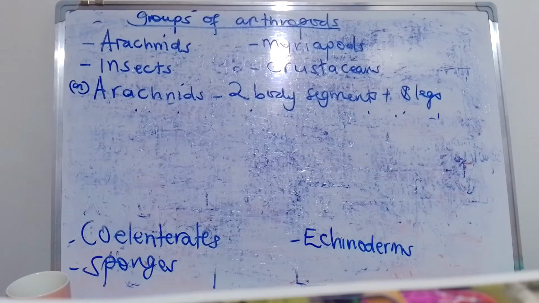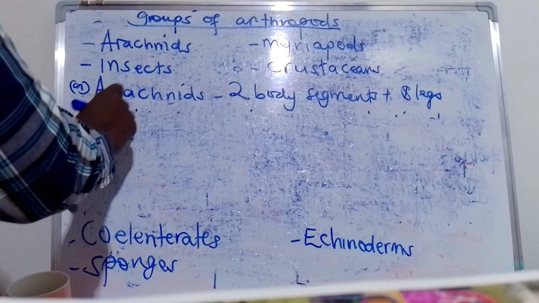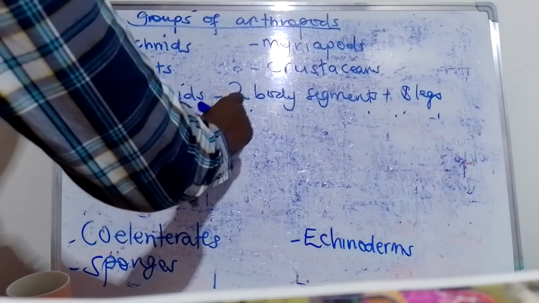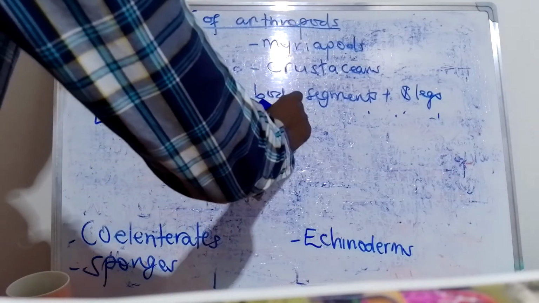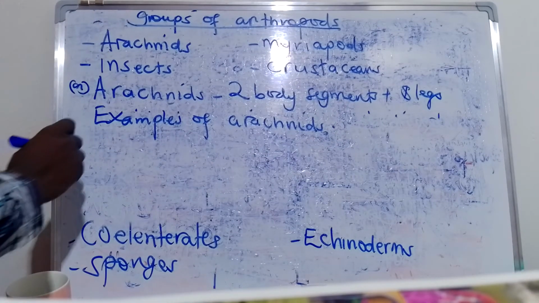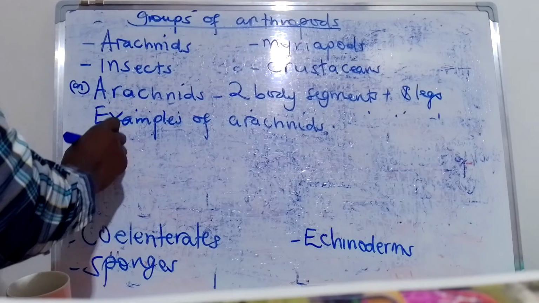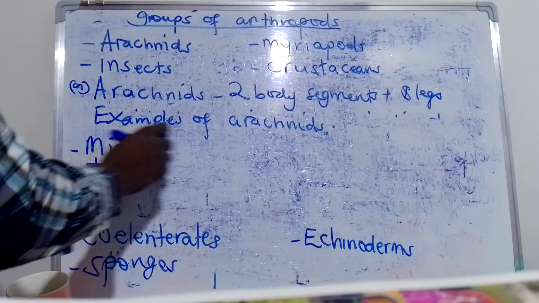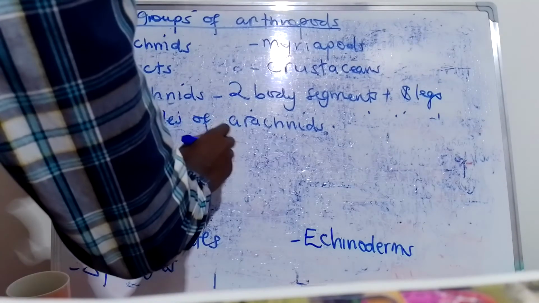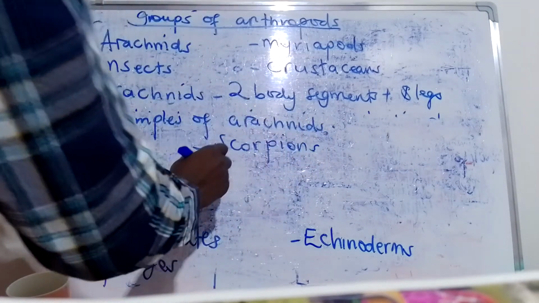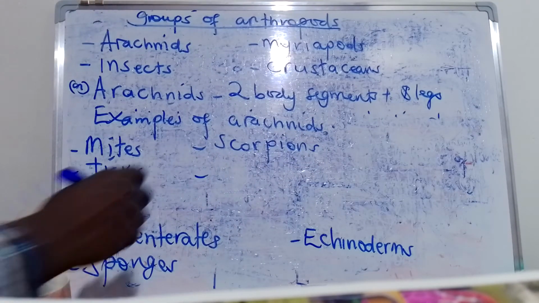Those are arachnids. We can have examples of arachnids. These include mites, ticks, scorpions, and spiders.